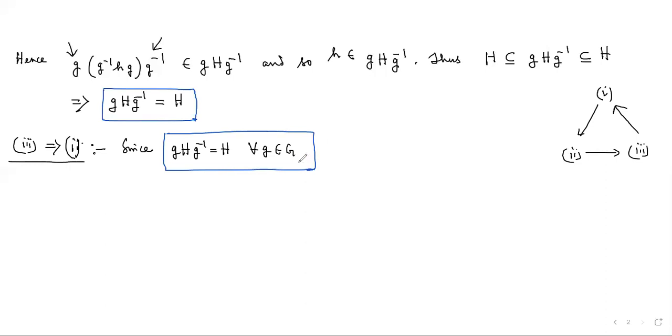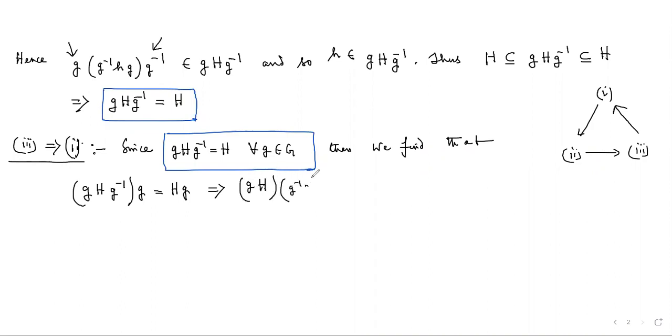Then we find that gHg inverse into g is equal to H into g, and this implies gHg inverse g is equal to Hg, and that implies gH equals Hg for all g belonging to capital G, which implies H is a normal subgroup.